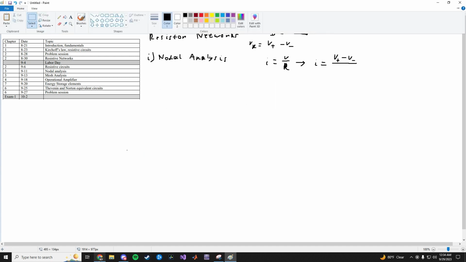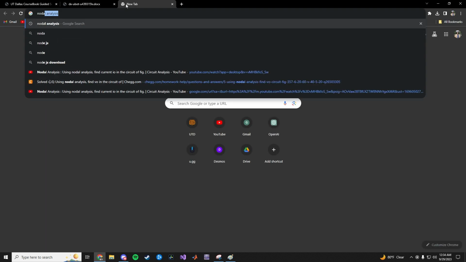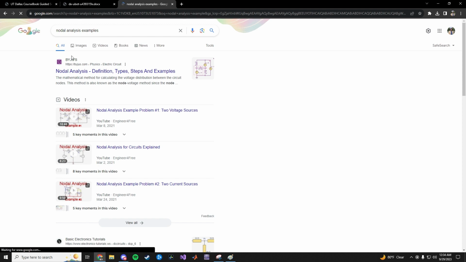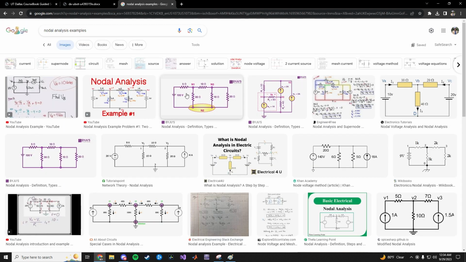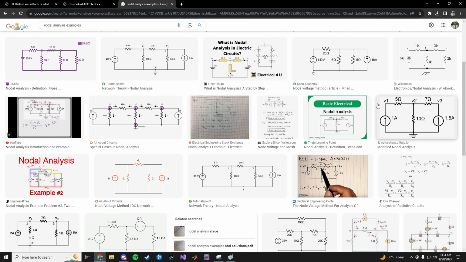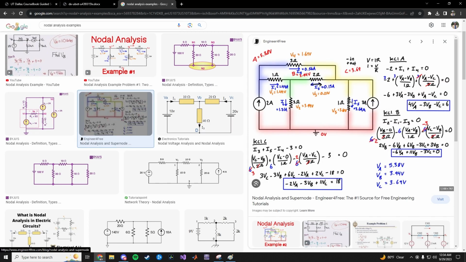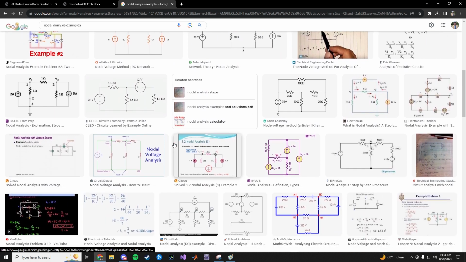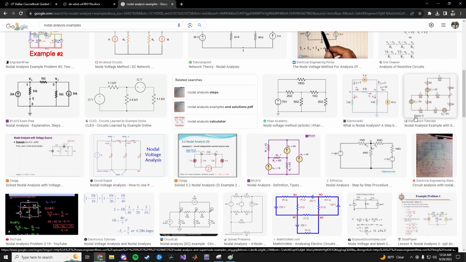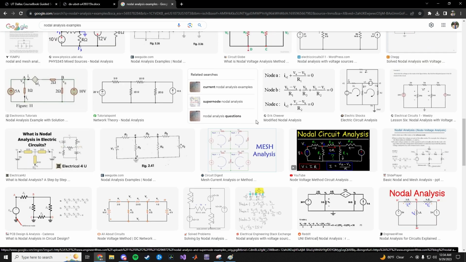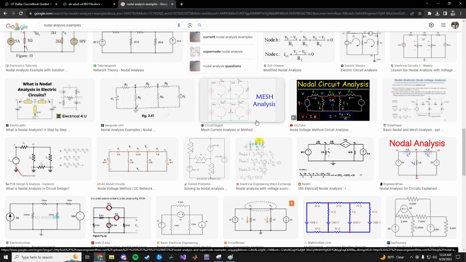Guess I'll just find one on the internet. Let's see, example. Let's see if there are any interesting ones. That one's alright. I want to find one with a mix of voltage sources and current sources.